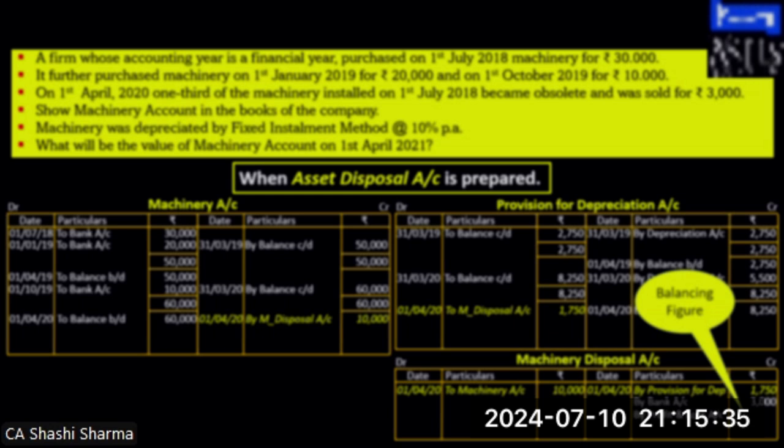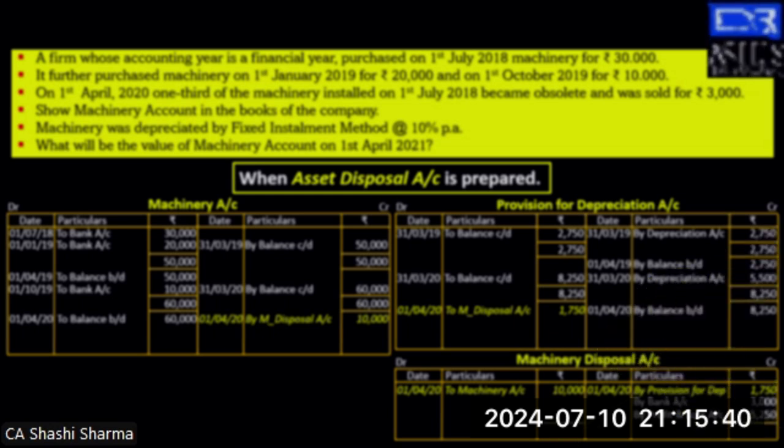Balancing figure 5250. So these were the three methods. And any of these three methods can be asked in your examination. So remember the journal entries and how the ledger accounts are being prepared.